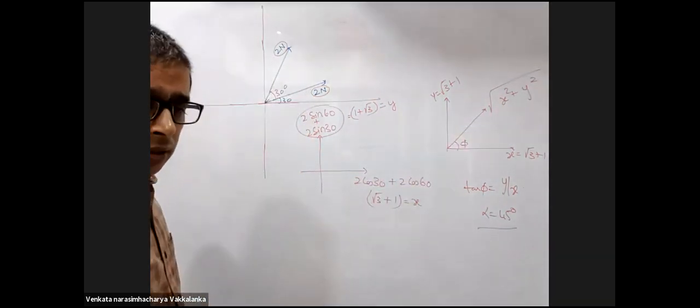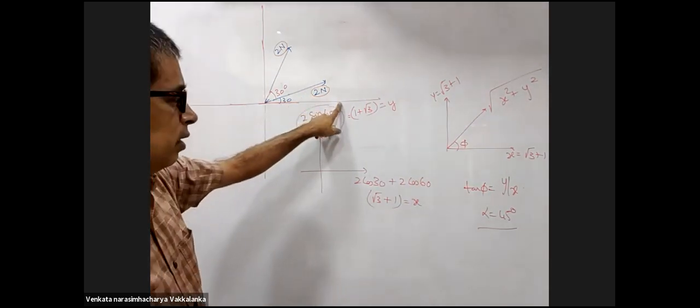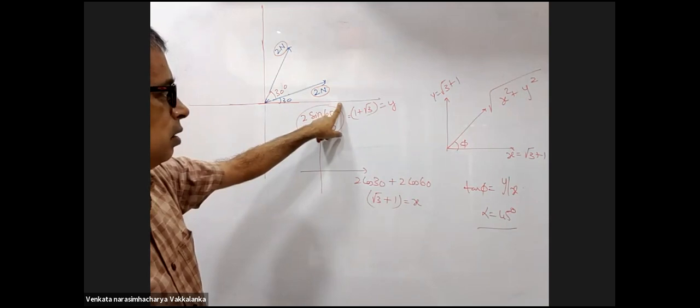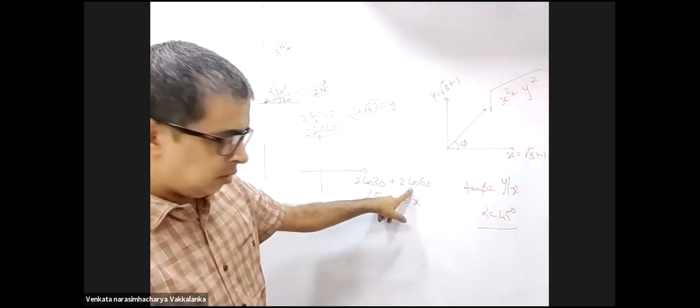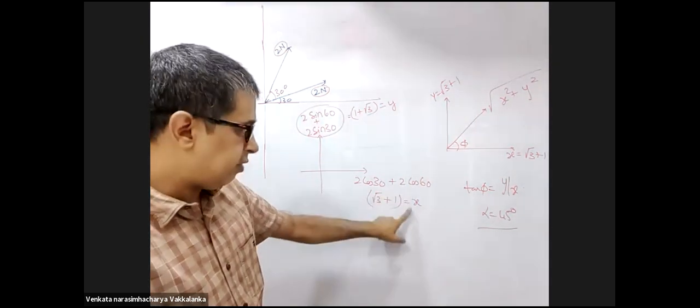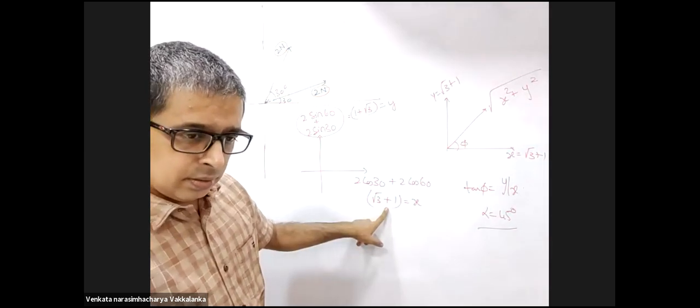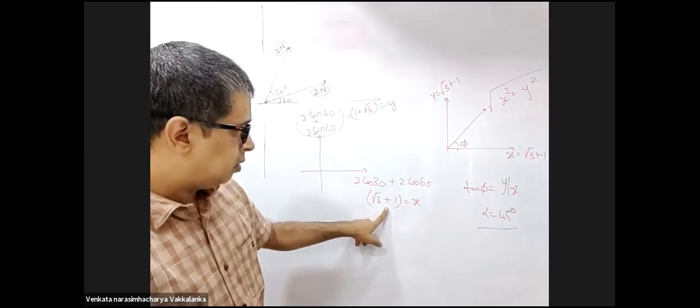Let's say we find the component of the first 2 Newton force along x-axis as 2 cos 30 degrees, and then the other component as 2 cos 60. Then we add them up. Will this be the mod of the resultant vector?